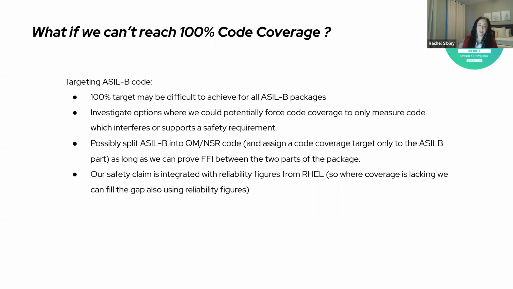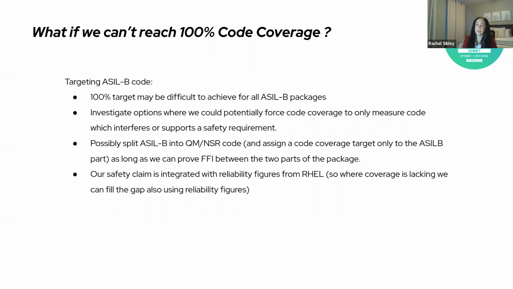So what if we can't reach that 100%, which is more than likely with kernel? We want to investigate specific options that we can target code coverage for paths that would either interfere or support safety requirements.